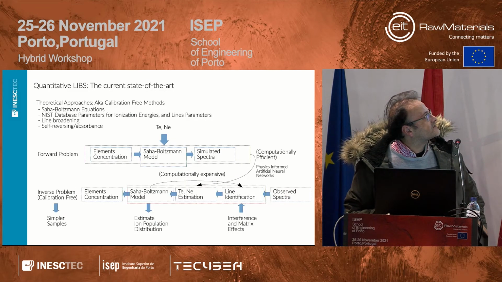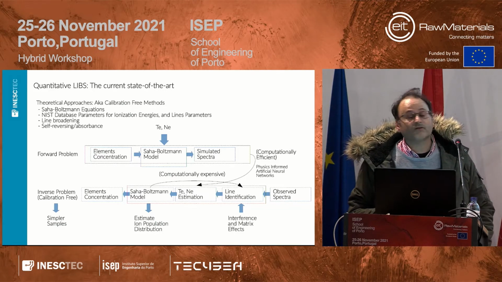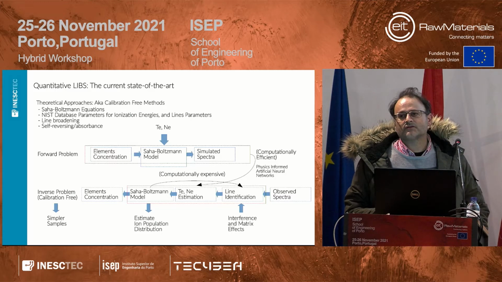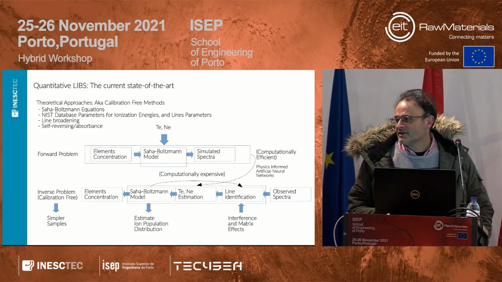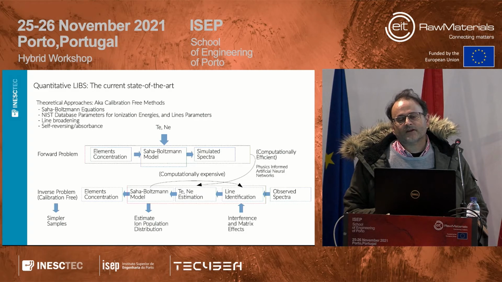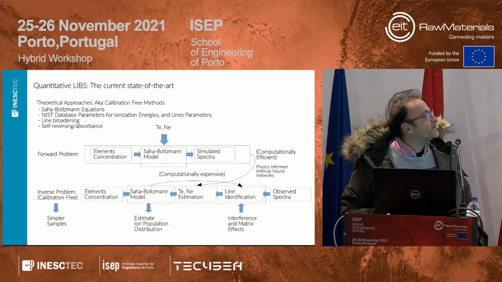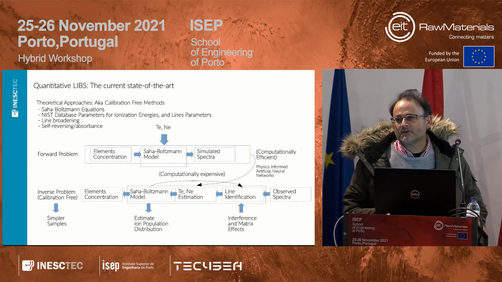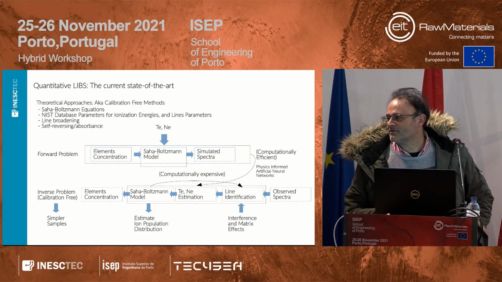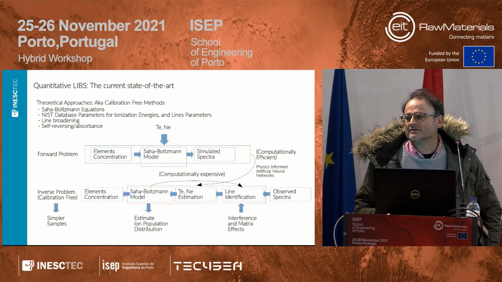And this takes us to the state of the art of using the Boltzmann equation, a method also known as calibration-free methods. Calibration-free methods have the appeal of not having to use laboratory methods to calibrate, because you would use the LIBS theory or plasma equation theory, not only to first simulate the spectra, because you can simulate the spectra.